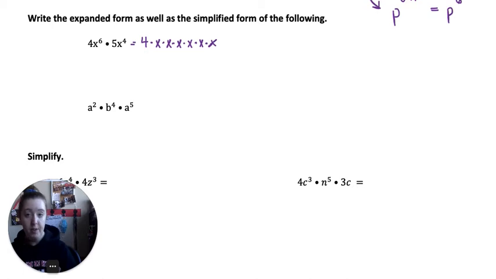And then we're going to multiply that by 5 times x to the 4th. So we have 5 times, and then x to the 4th, so x multiplied by itself 4 times. 1, 2, 3, 4.